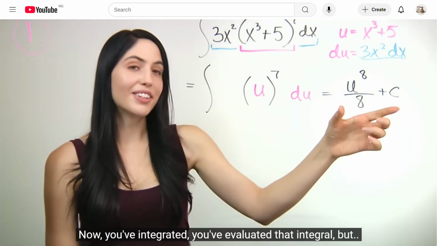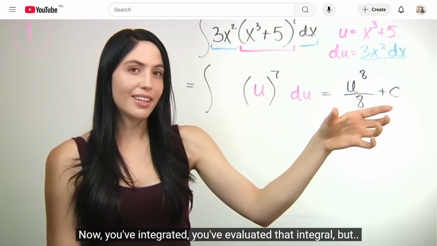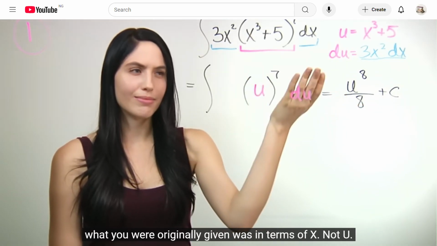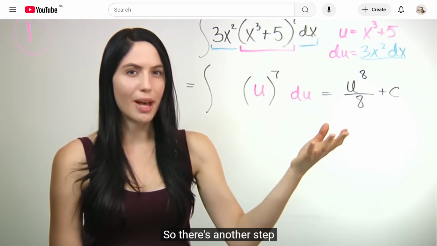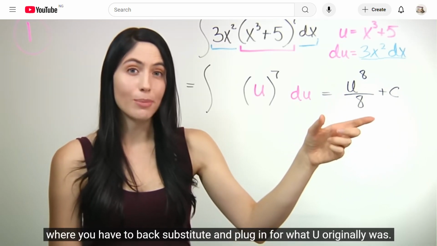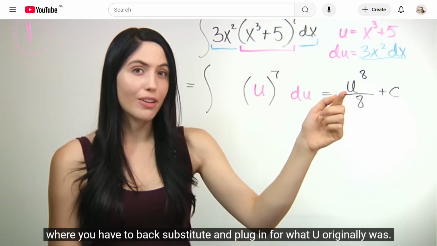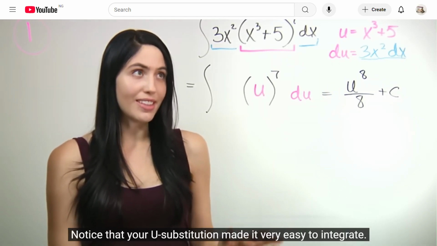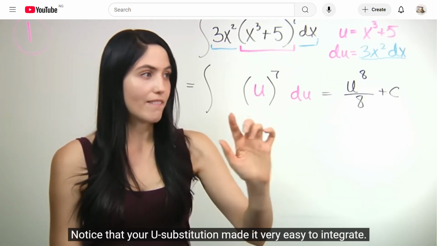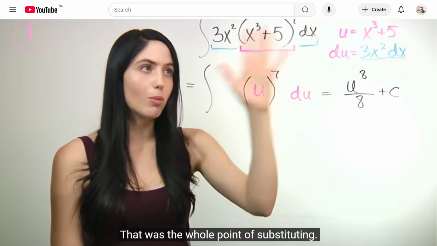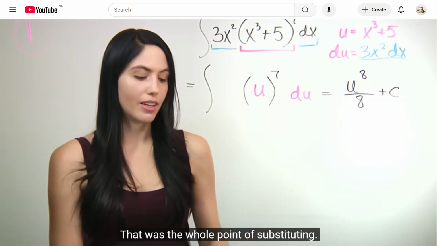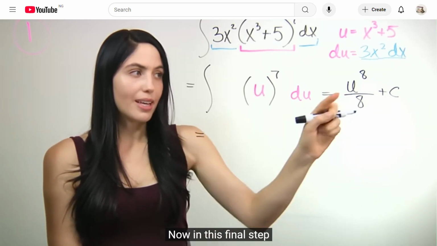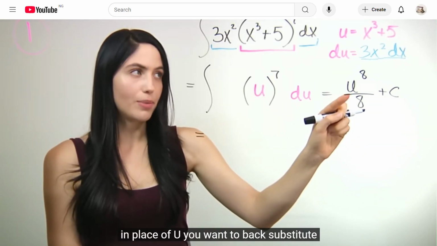Now, you've integrated, you've evaluated that integral, but what you were originally given was in terms of x, not u. So there's another step where you have to back substitute and plug in for what u originally was. Notice that your u substitution made it very easy to integrate. That was the whole point of substituting. But now in this final step, in place of u, you want to back substitute.